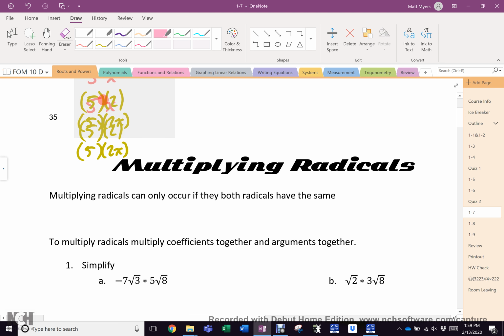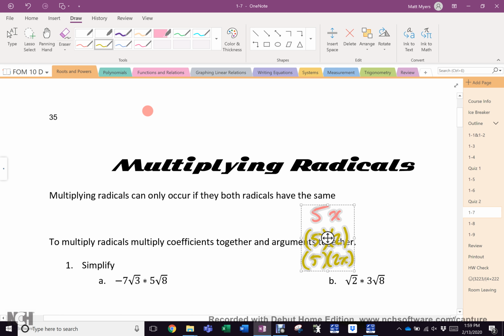What does this mean? 5x times 2x. 10x squared. Everybody can multiply, yes? Right? This is not new. We are cool, right? Okay.